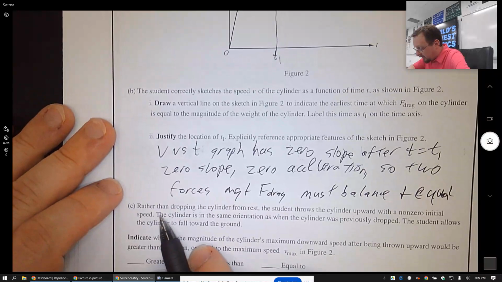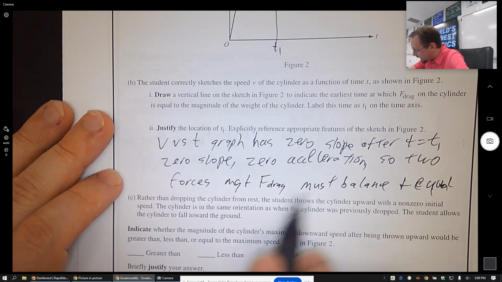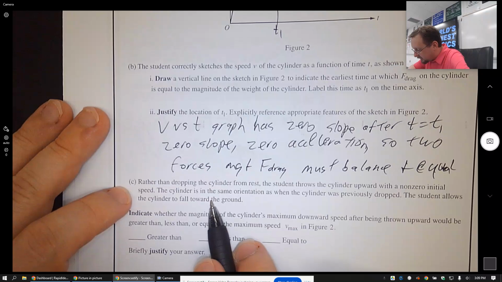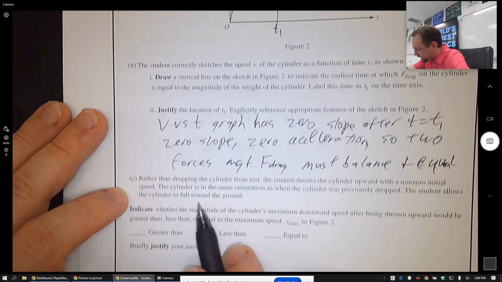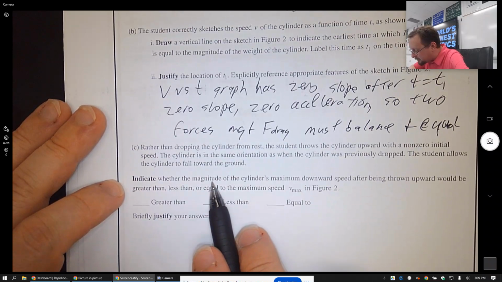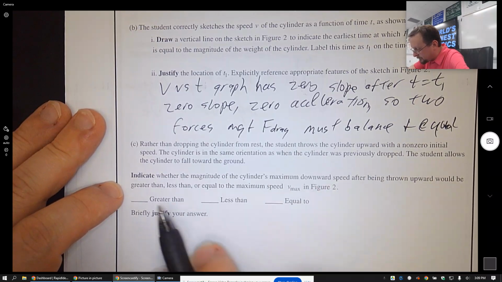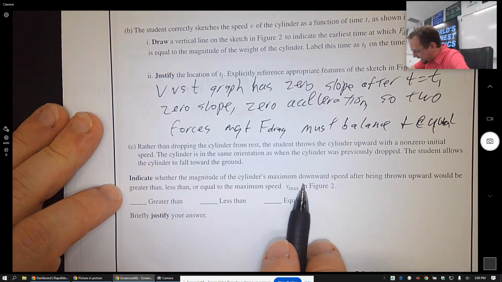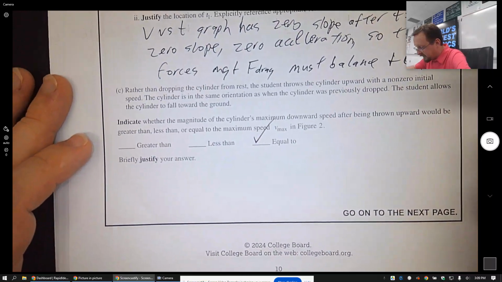Rather than dropping the cylinder from rest, the student throws the cylinder upward with a non-zero initial speed. The cylinder is in the same orientation, and the student allows it to fall to the ground. Indicate whether the magnitude of the cylinder's maximum downward speed after being thrown upward would be greater than, the same as, or less than the maximum downward speed from rest. Briefly justify your answer.